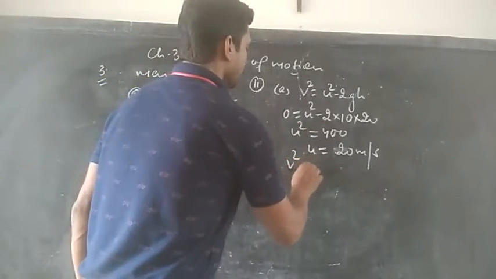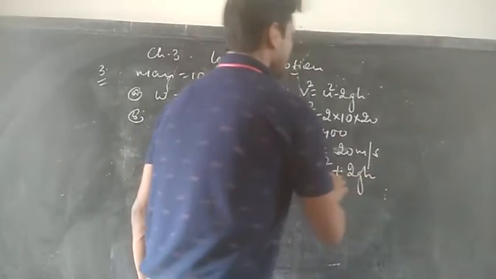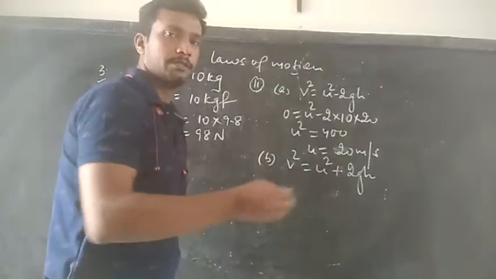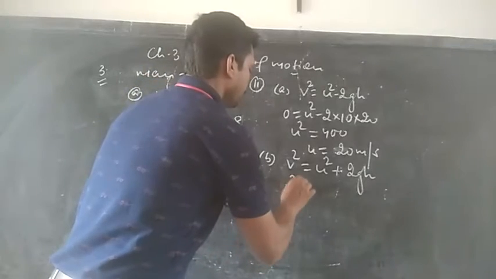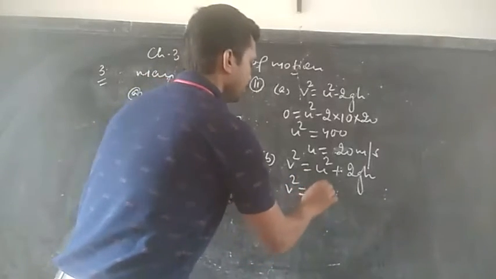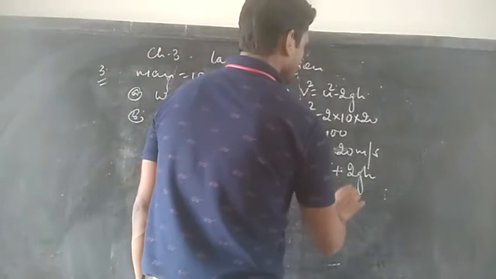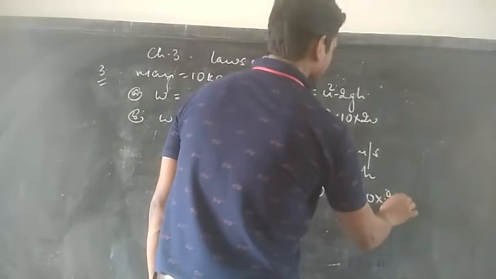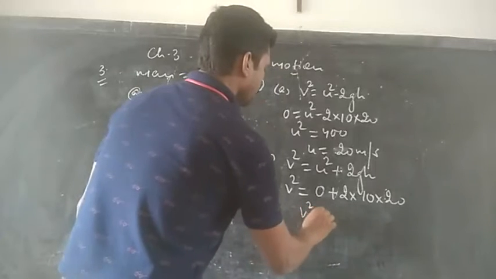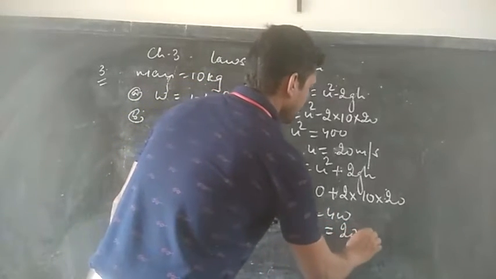So we use the same formula, v square is equal to u square plus 2gh. This time I am taking plus because the body is coming down because of gravity. The initial velocity will become 0, plus g is 10 and height is 20. So v square is 400, that is v equal to 20 meter per second.